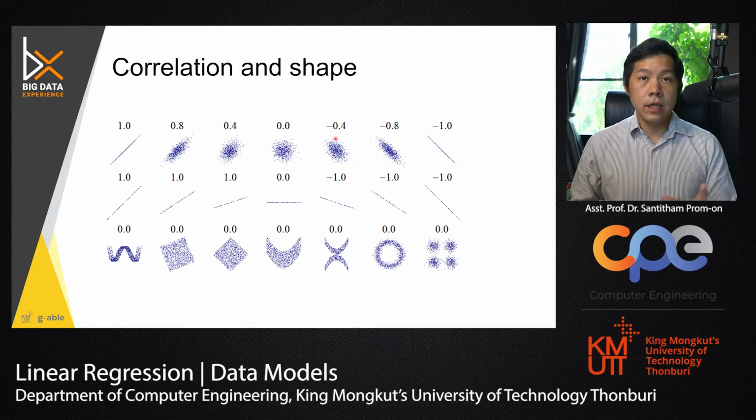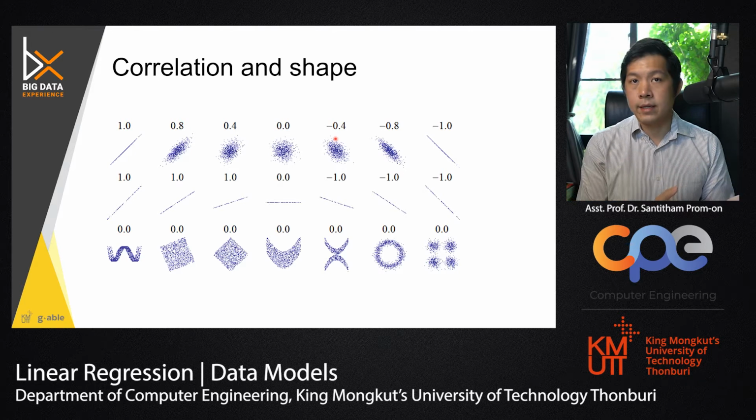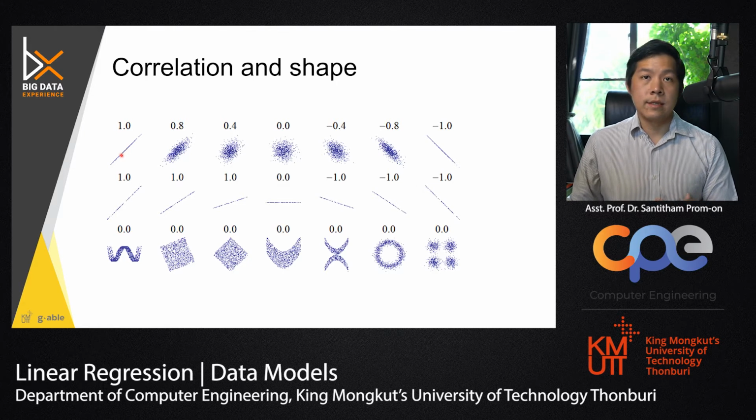They are equal in magnitude, but the signs are different. The sign only indicates polarity, whether they are positively or negatively correlated, while the value indicates the magnitude of correlation. Pearson correlation focuses on assessing the linear relationships between variables.